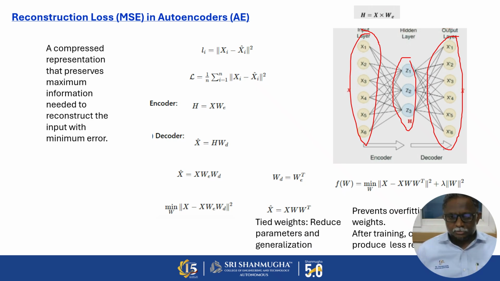Basically, there are 6 features in the input, and let us assume that there are 100 data points.